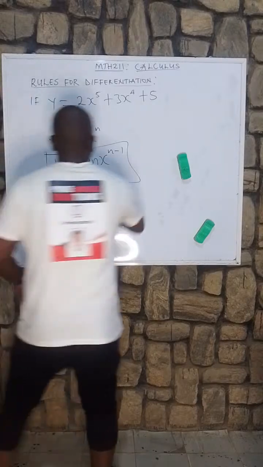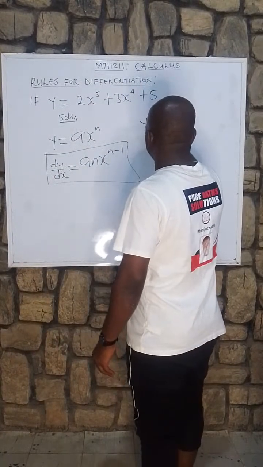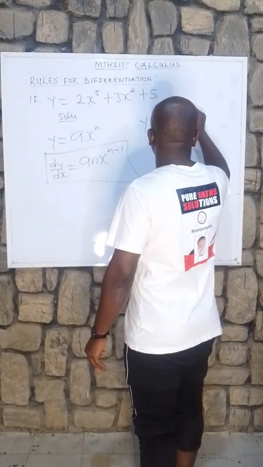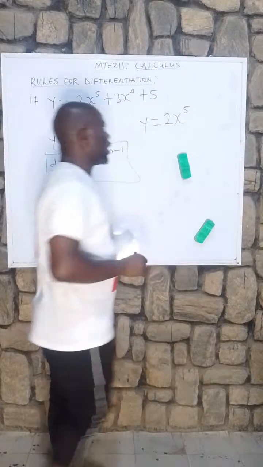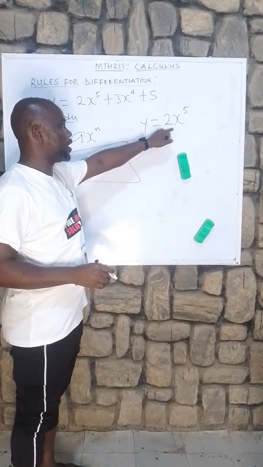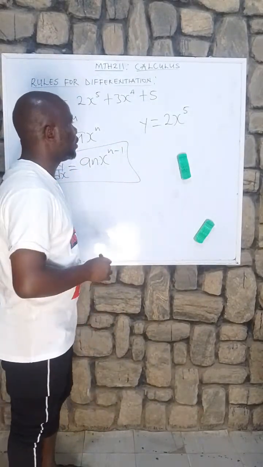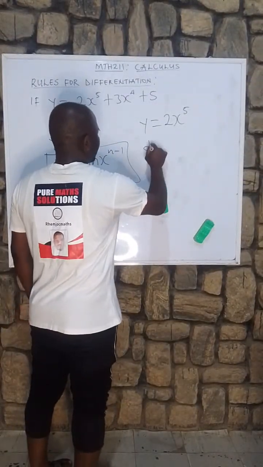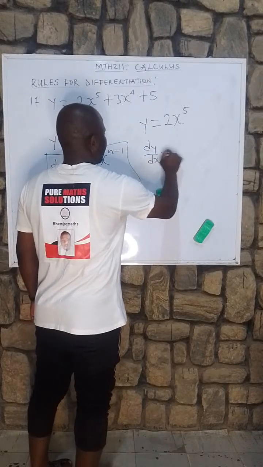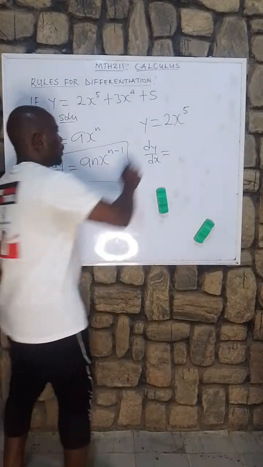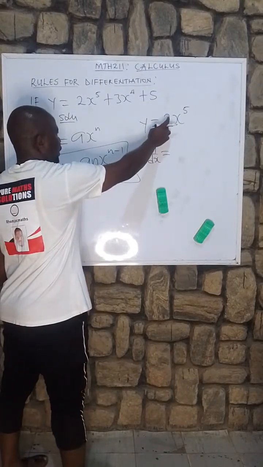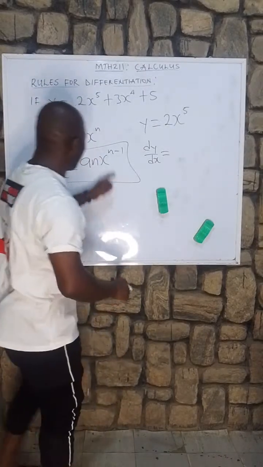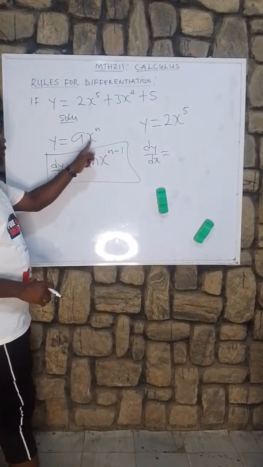So with this formula, you can differentiate 2x raised to the power of 5 without using your biro. You can tell somebody the answer, true or false? It's true, right? So now dy all over dx is equal to: what is your a here? 2, right? What is your n here? 5, right? So let us apply this here.